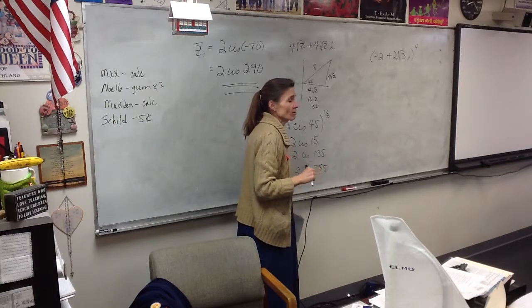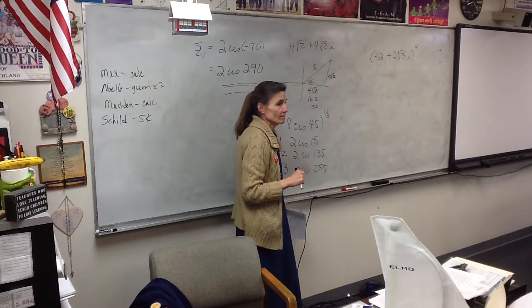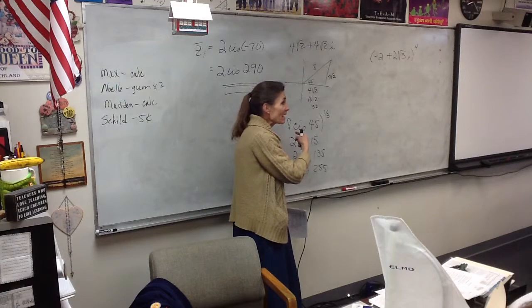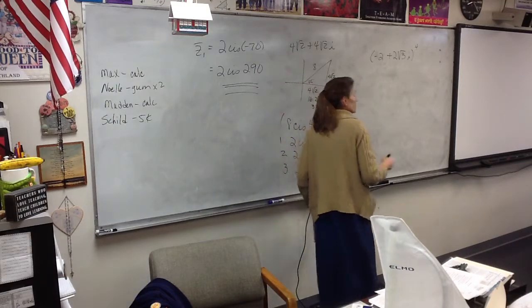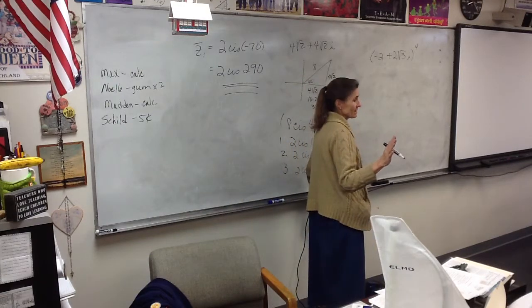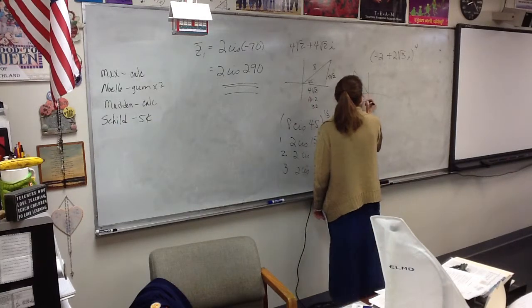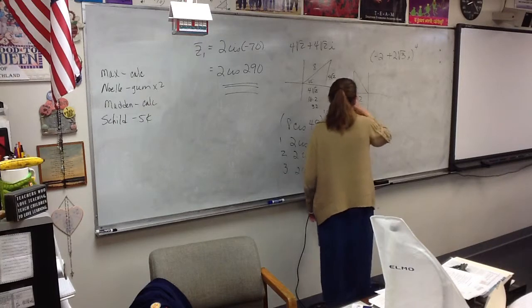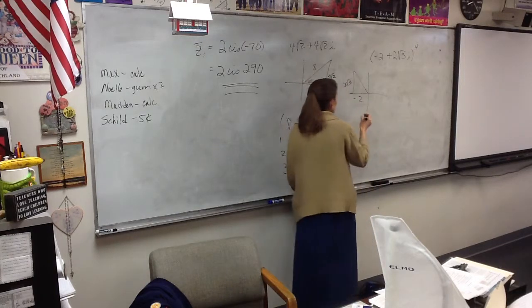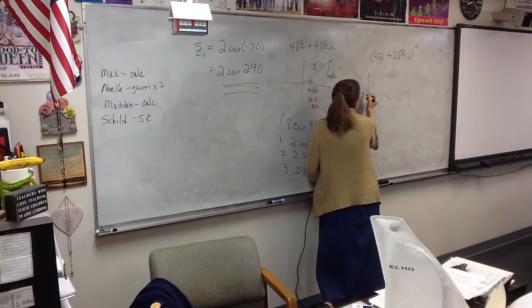So how do we start? Same way we did this, exactly. We don't distribute anything. We change it to polar form. Even without a calculator, you should recognize this angle as what? 60.